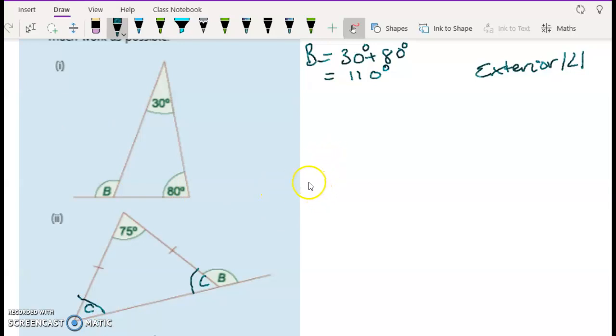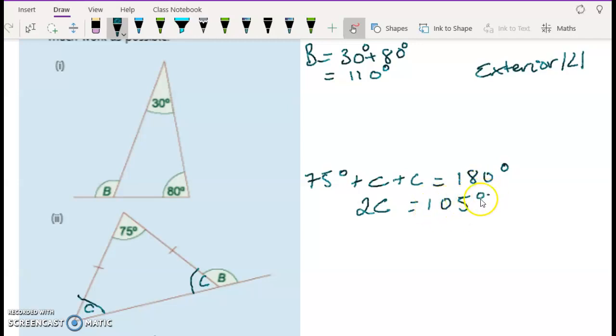Well, I know that 75 degrees plus two C's equals 180 degrees. So I can say that two C's equals 105 degrees. So that means that one C is equal to 52.5 degrees.